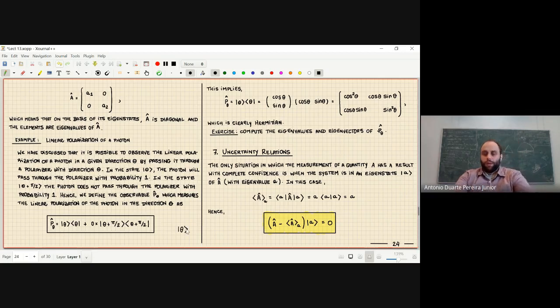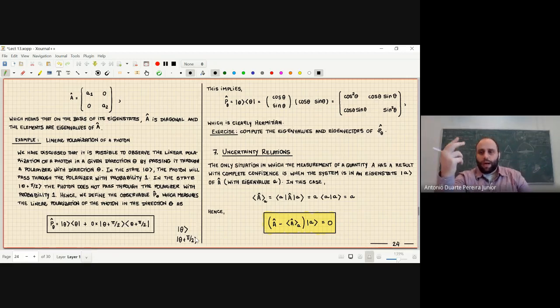Okay? So if my state is prepared in the state theta, then the polarization will be theta with 100% chance. And the state theta plus pi over 2 is a state for which the probability of seeing the photon with polarization theta is 0.